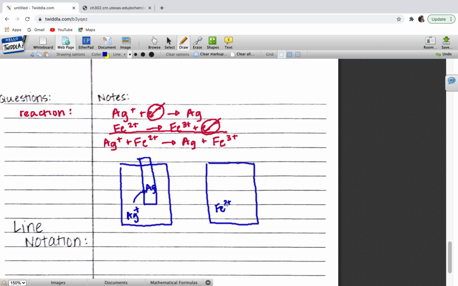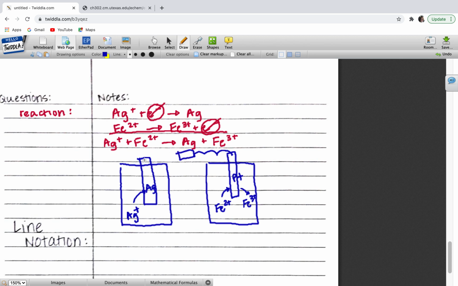And so it's going to have to go up to this electrode, dump off an electron, and become Fe3+, which means that this is probably not iron right here. Again, we're going to pick platinum, an inert metal that's not going to react with anything. It's just going to serve as a conductor for that electron. So this guy is doing the oxidation, which means that it's producing the electrons.